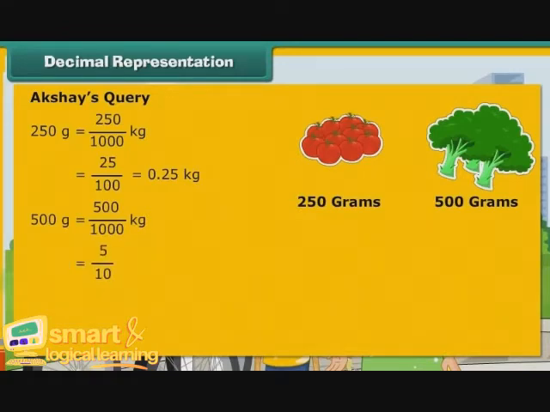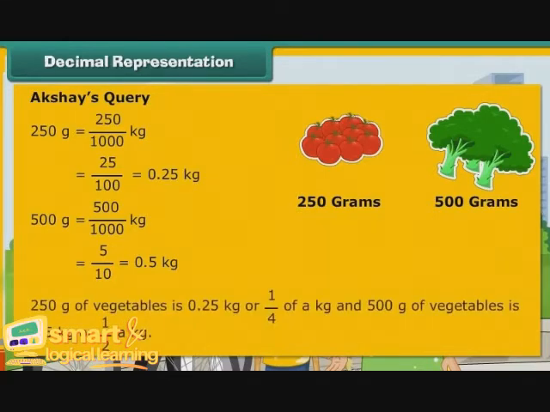That is equal to 5 by 10 kg. That is equal to 0.5 or 1 by 2 kg. 250 grams of vegetables is 0.25 kg or 1/4 of a kg, and 500 grams of vegetables is 0.5 kg or half a kg.